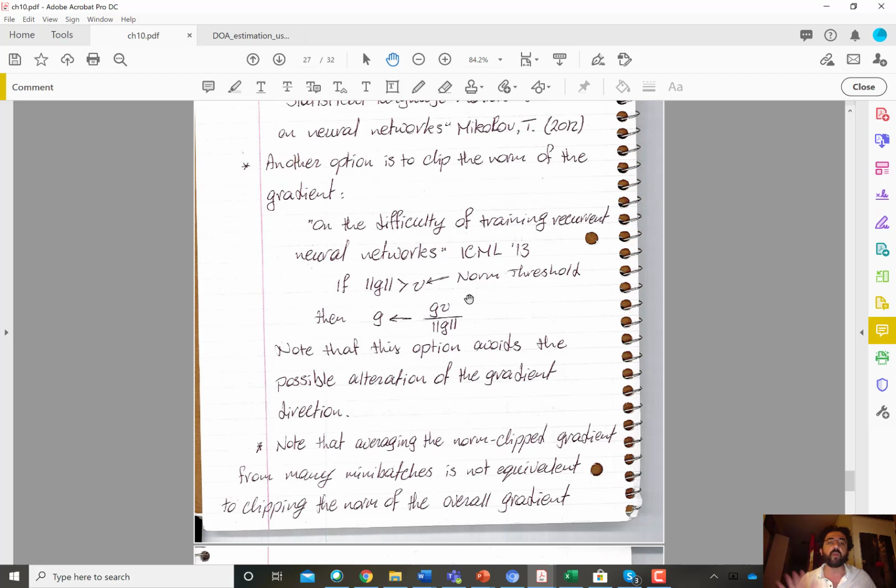So it will no longer be the case that the mini-batch gradient is an unbiased estimate. Here we introduce a bias based on that heuristic of norm clipping, because averaging the norm-clipped gradients from many batches is not equivalent to clipping the norm of the overall gradient.